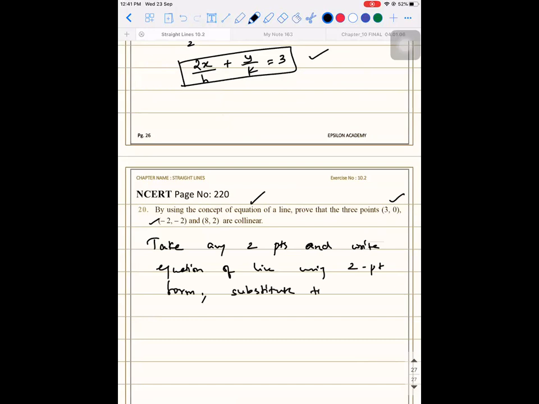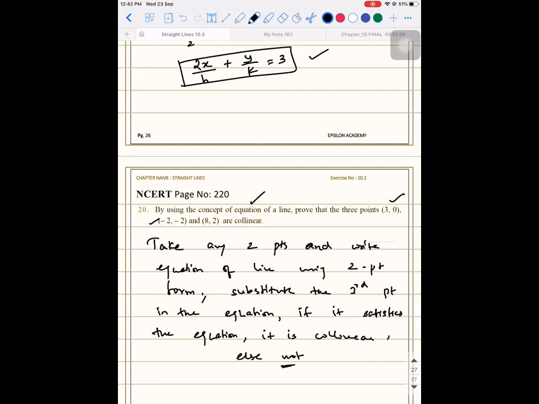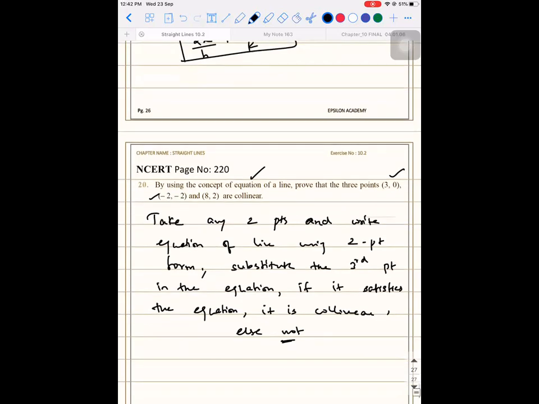Substitute the third point in the equation. If it satisfies the equation, it is collinear, else not. Okay. So this part alone, I'm leaving it to you.